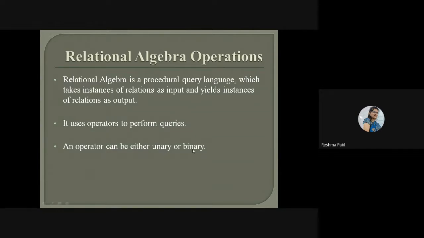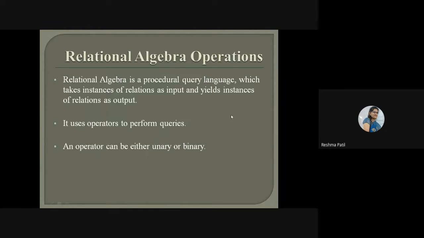For example, take the normal expression a plus b. Plus is the operation which we can perform on two operands a and b. That is a binary operator. And a unary operator is, for example, negation. If 10 is there, negation of 10 means minus 10. So only one operand is there.